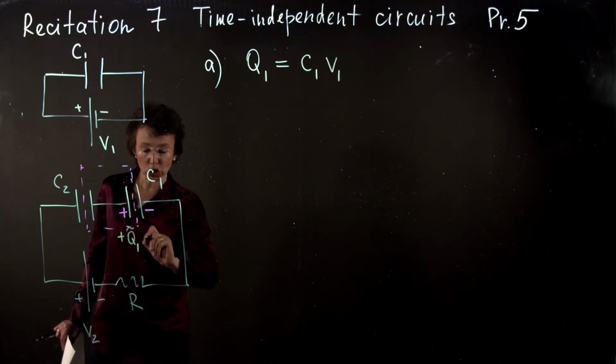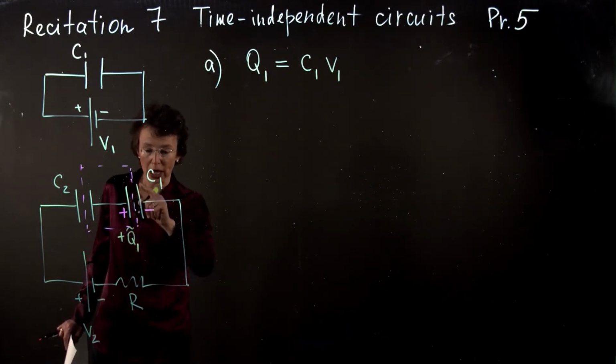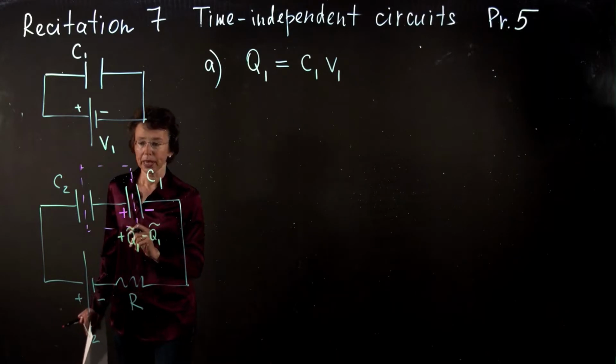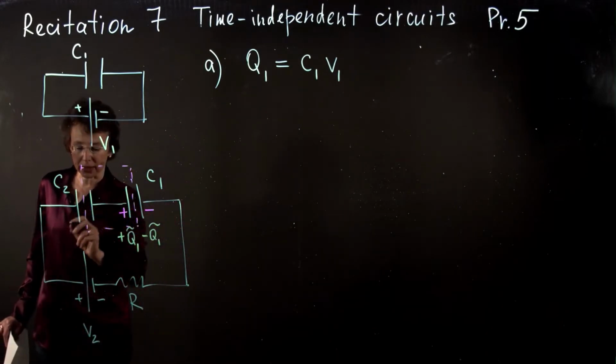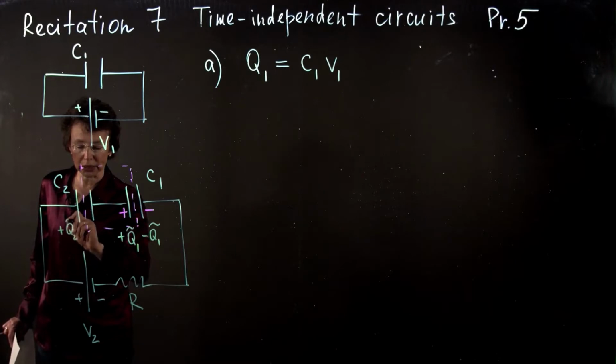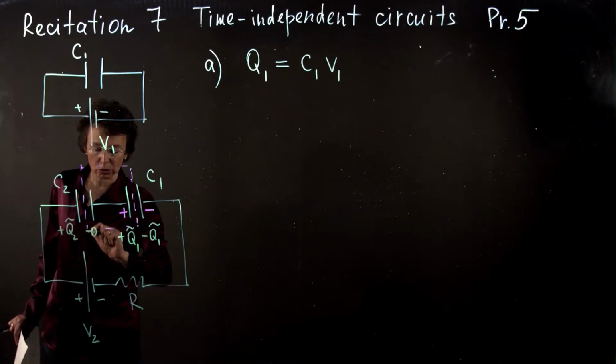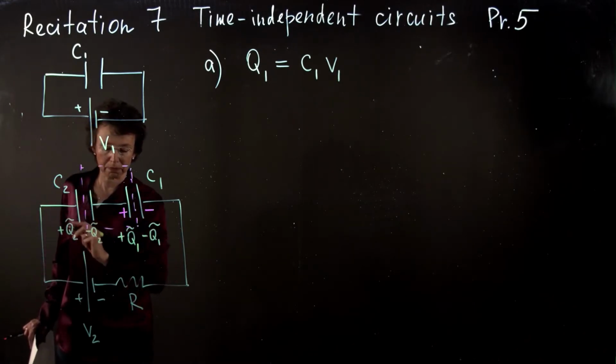It will be the new charge after charge redistribution. And this plate will have minus Q1 tilde. And for this capacitor, let's call the charge on the right plate Q2 tilde. And this one will be minus Q2 tilde.